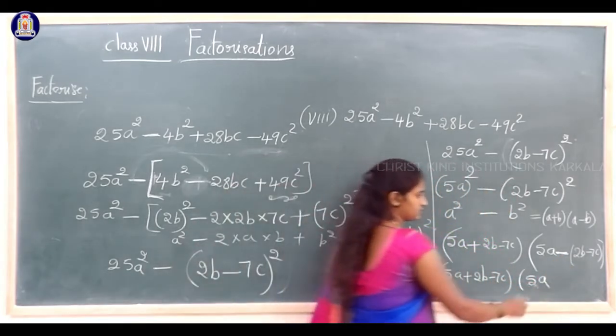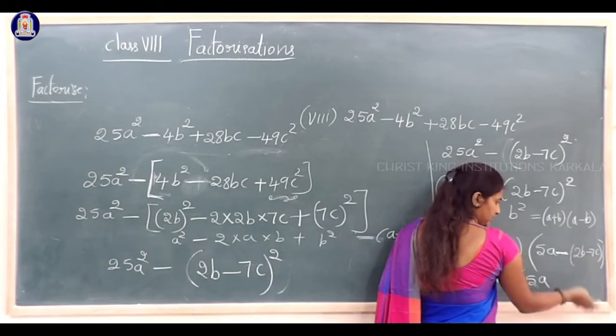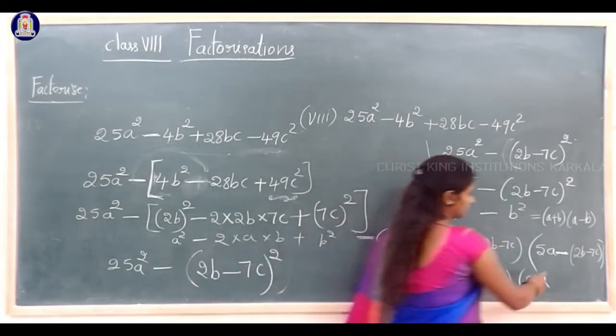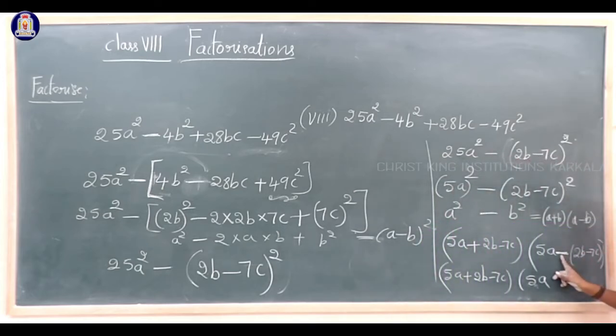Now I wrote this term inside the small bracket, right? So now you have to remove it and write the terms. The sign is minus, so minus into plus, multiply. Why multiplying? To remove the bracket. So plus into minus, minus 2b.